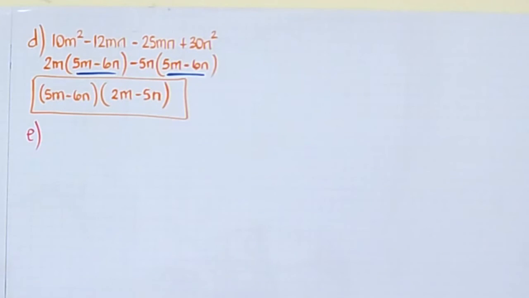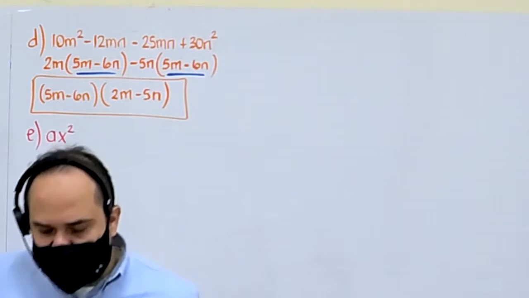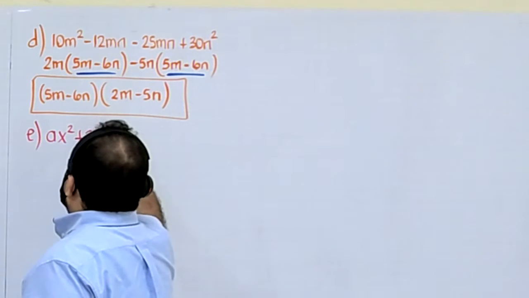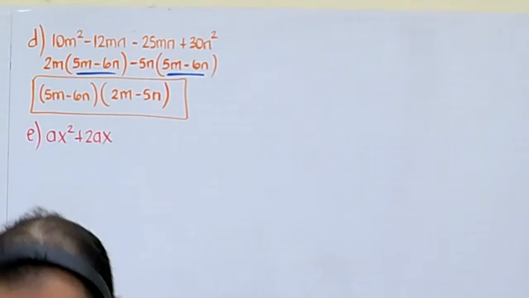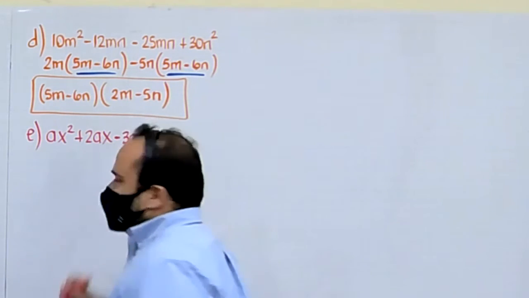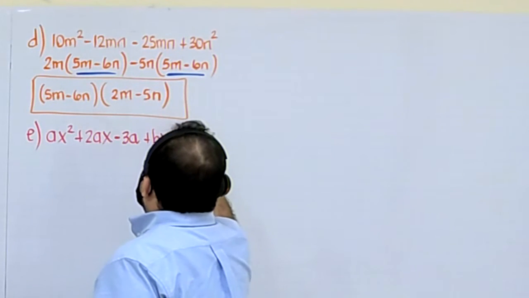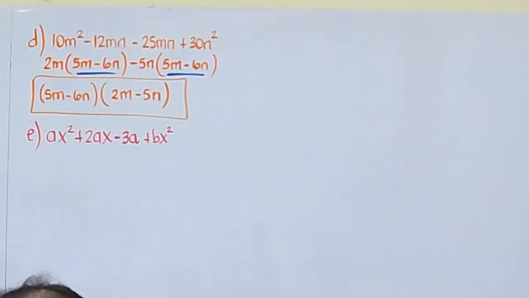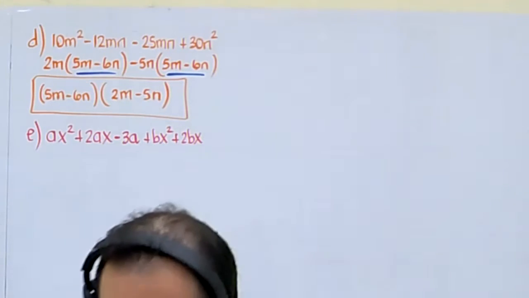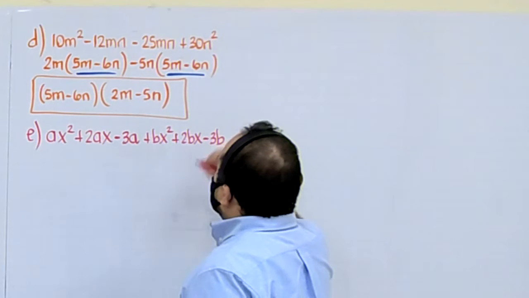Yeah, we got this one: AX squared plus 2AX minus 3A plus BX squared plus 2BX minus 3B.